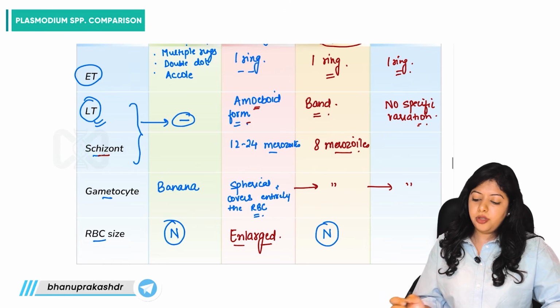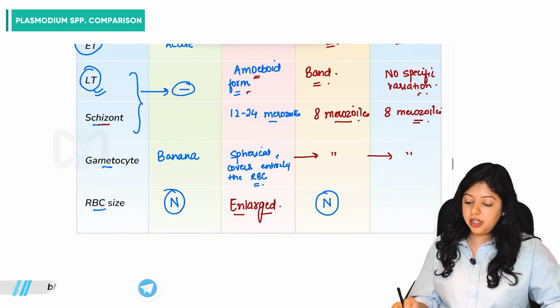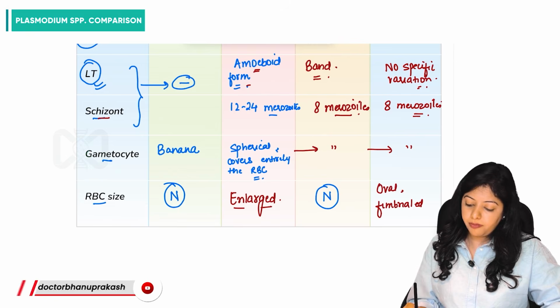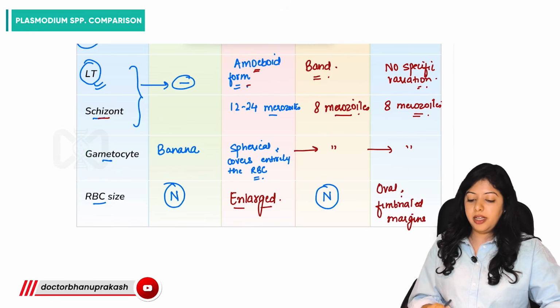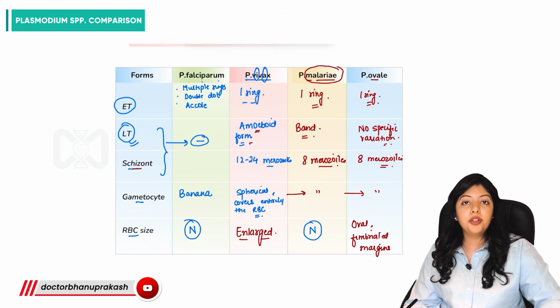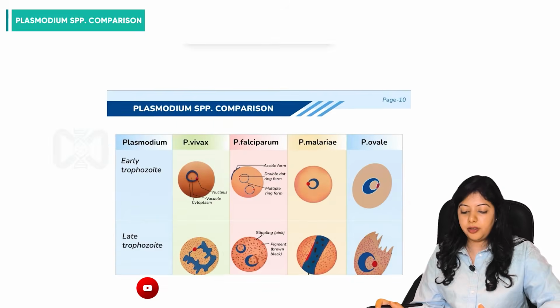Then schizont would have 8 merozoites, and RBCs have changed their shape to oval with fimbriated margins. Right? So this was the summary of the morphology and the differences between the 4 species.